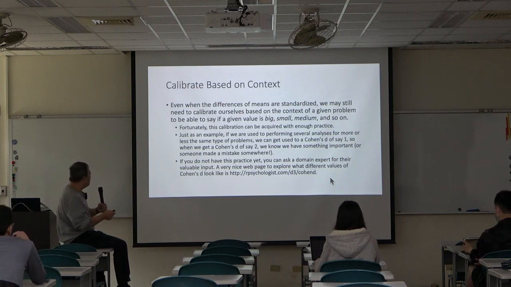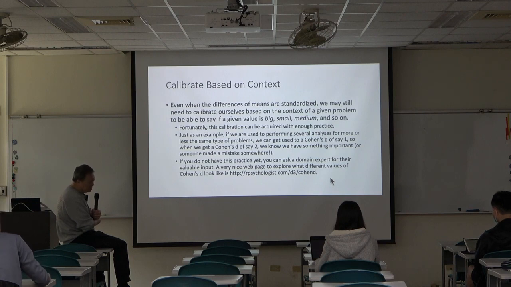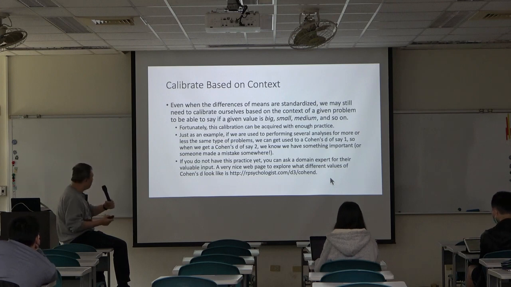So when we get a Cohen's d of 2, then we know we have something important. Basically, if the previous Cohen's d is a small value, and now you get a larger value, then you know this value is more significant than the previous one. So it's more like the result of a comparison.